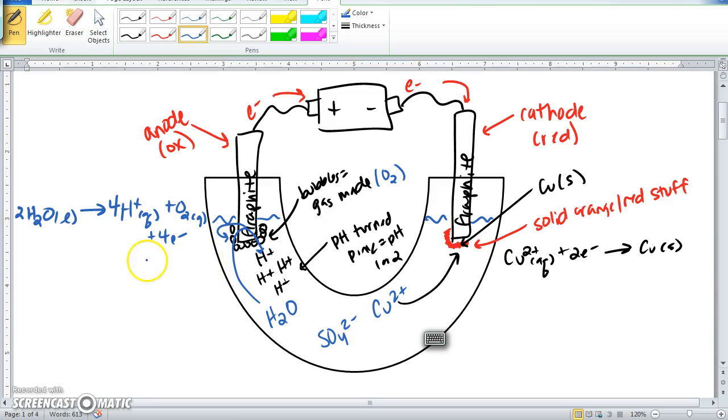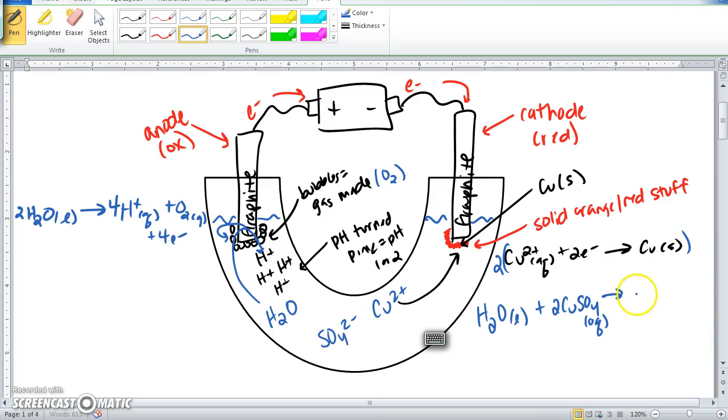So when I think about combining these things into an overall reaction, because this is losing 4 electrons and this only wants to gain 2, I then have to multiply this whole thing by 2 so my electrons cancel. So my overall reaction is going to be water, that's liquid, plus 2 copper sulfates, because sulfate is my spectator ion that I add back in.